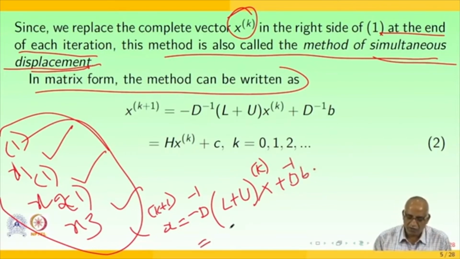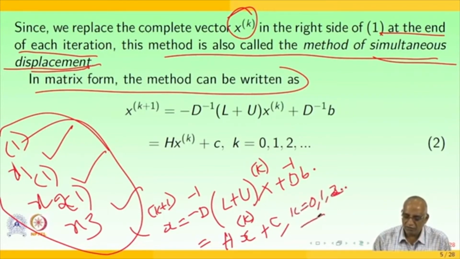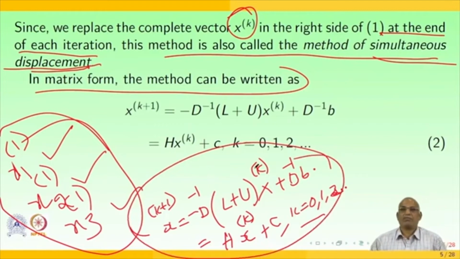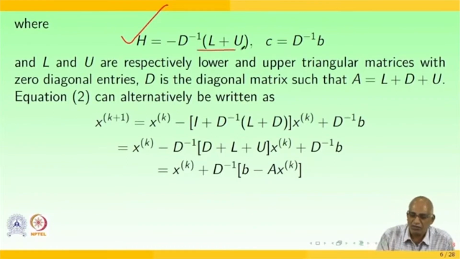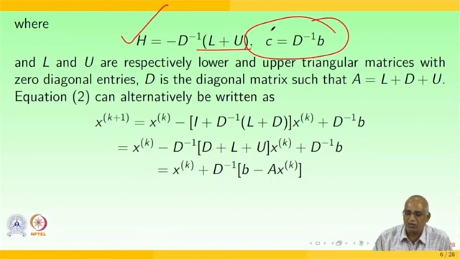That will be equivalent to H times x of k plus some constant C, where k is 0, 1, 2, etc. Where H is equal to minus D inverse of L plus U, and C is equal to D inverse of b.